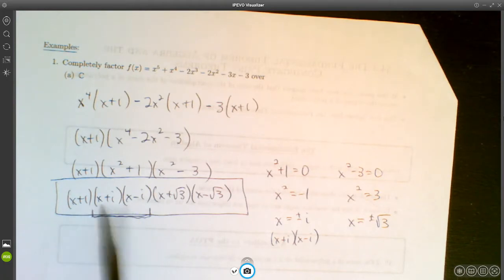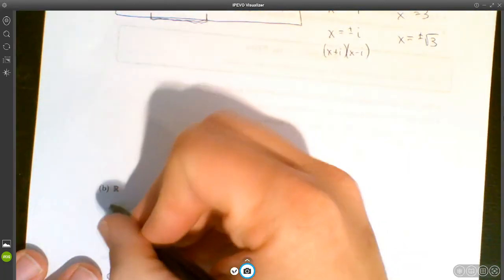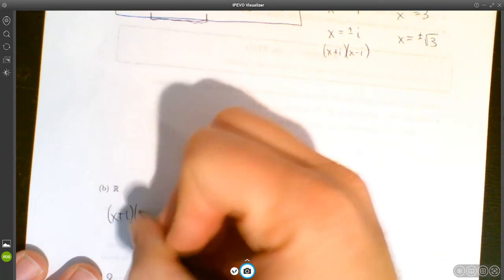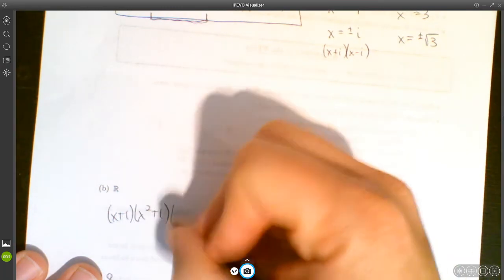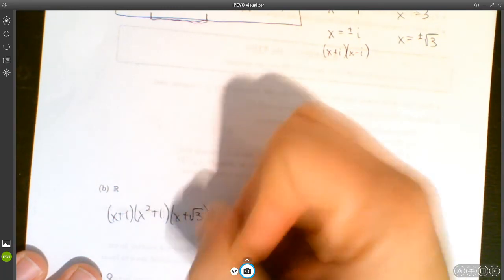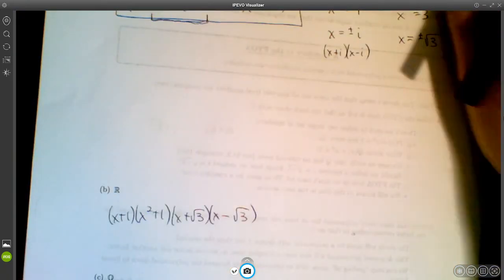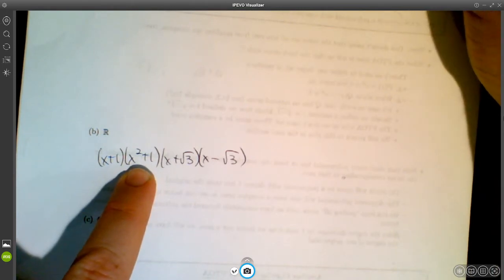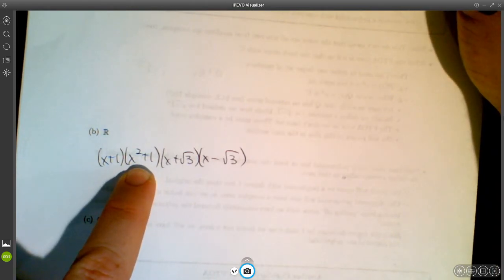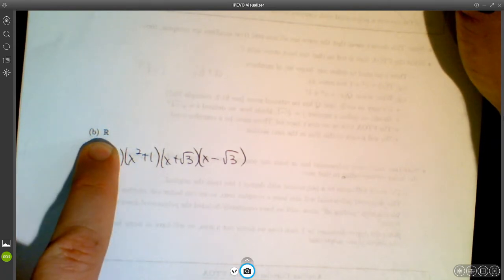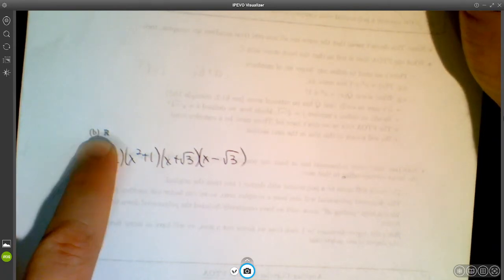We already know that if we combine these two factors, we're going to get x squared plus 1. So the factorization over the reals would be x plus 1 times x squared plus 1 times x plus root 3 times x minus root 3. This is a complete factorization over the real numbers, because if we try to factor this quadratic term any further, we're going to end up with complex coefficients, which we're not allowed to have if we're factoring over the reals.